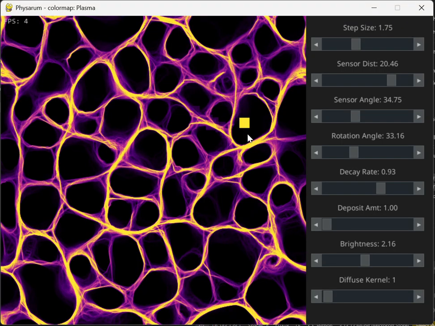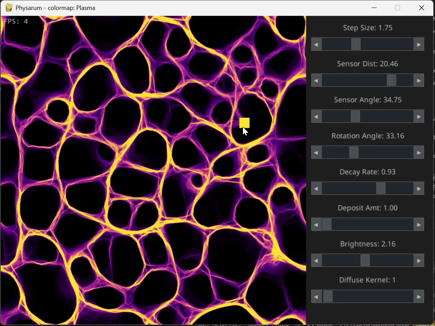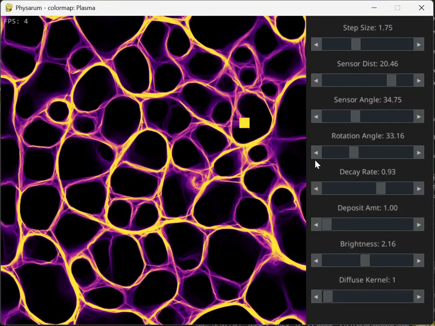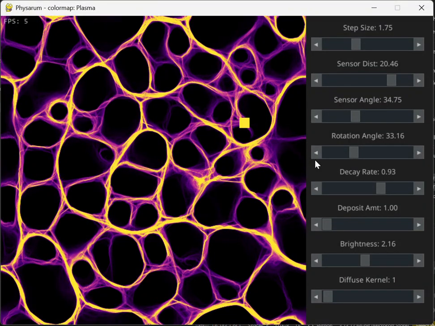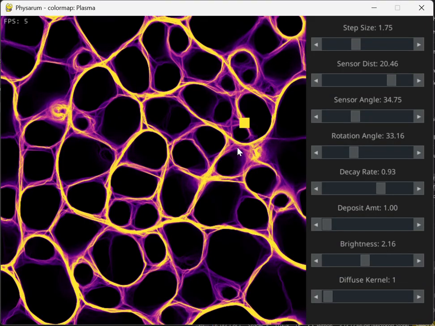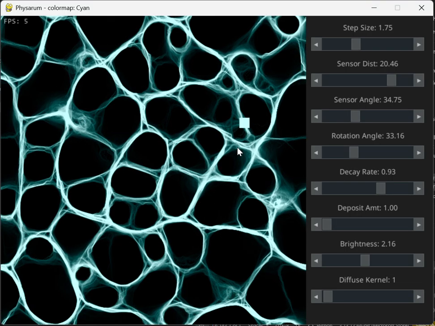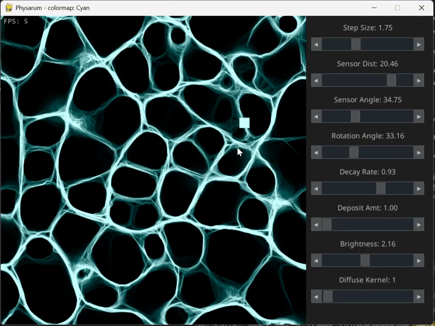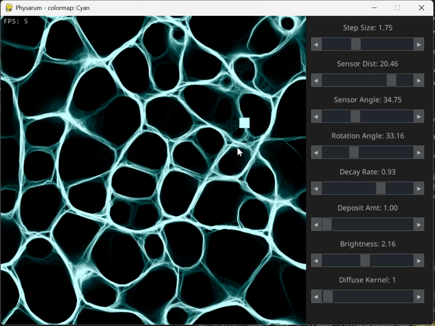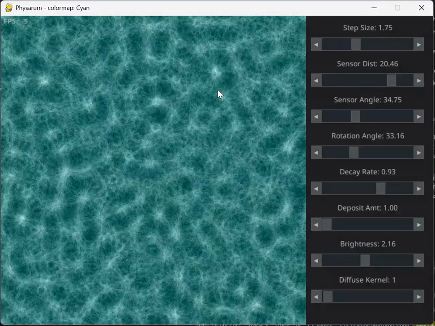We can also place food, which is permanent, so the agents will follow it. By pressing C, you can change the different color maps, by pressing the S key, you can take a screenshot, and by pressing R, you can reset the whole simulation.